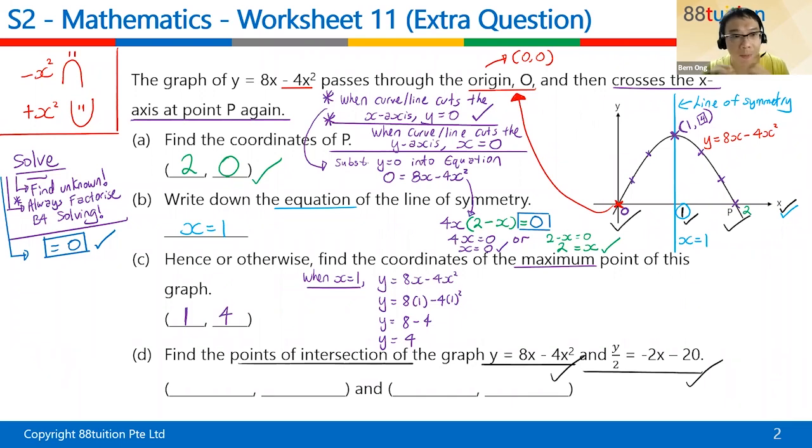Or is your mic got problem now, Yan Ling? Hello. Okay, that is a bit sad. Anyone? Oh, mic got problem. Okay. Yan Ling, can you key into the chat? What is the first topic that you learned in Sec 2? Start with S1. Very long word. Spell wrongly is okay. Can you try to type in the chat?